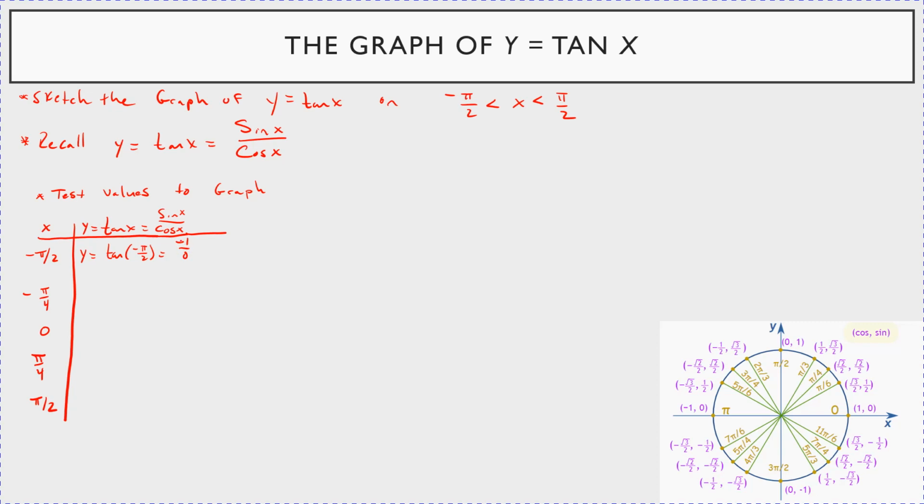You might have talked about this in your other algebra courses: when you get a divide by 0 with something that's not indeterminate form, like a number over 0, what you're butting up against is a vertical asymptote. So this value is undefined, but we know it's going to be a vertical asymptote.